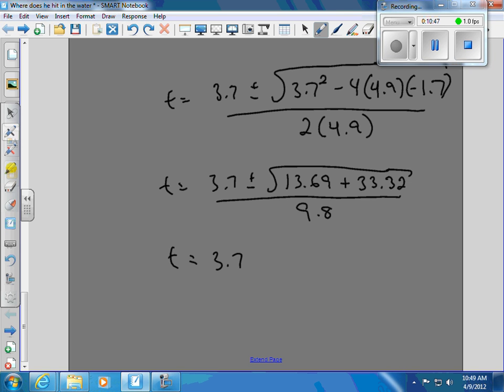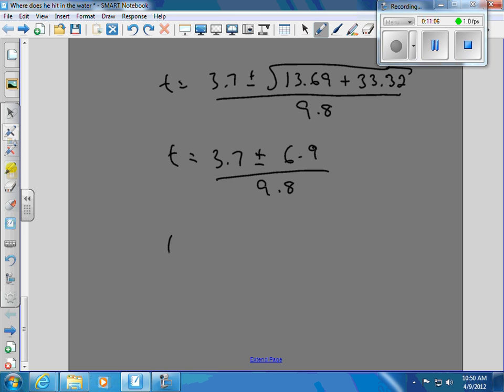Watch the square root. Plus or minus 6.9 all over 9.8. So we have t equals 3.7 minus 6.9 over 9.8, and t equals 3.7 plus 6.9 over 9.8.